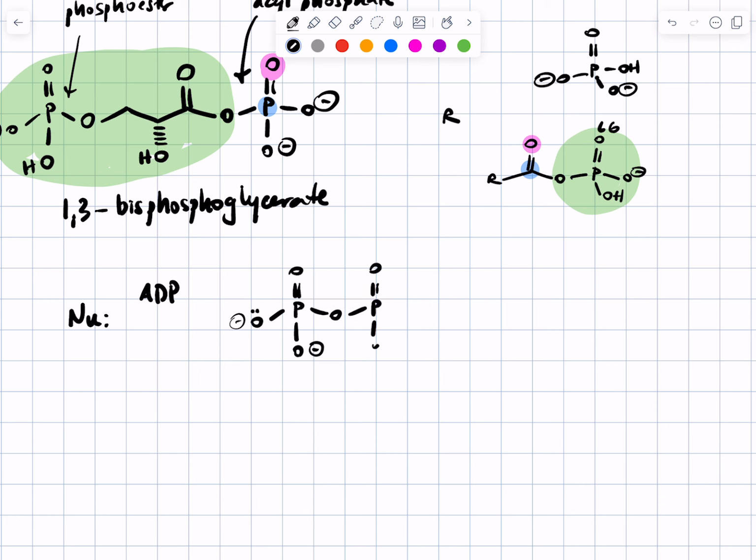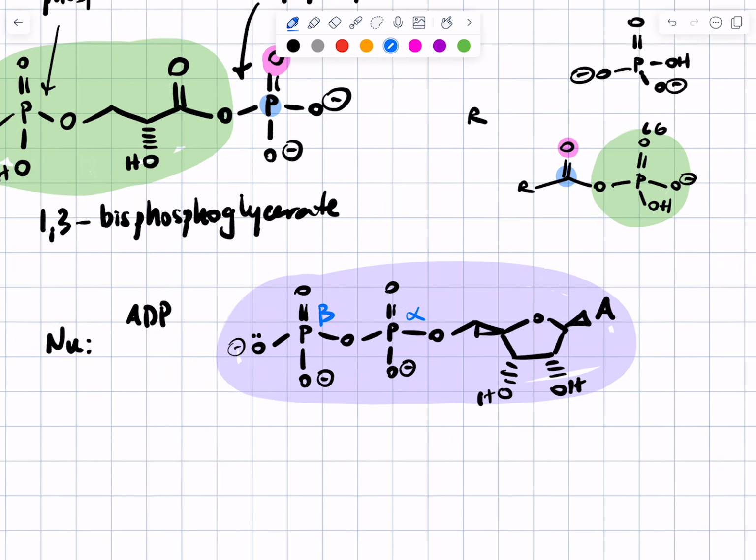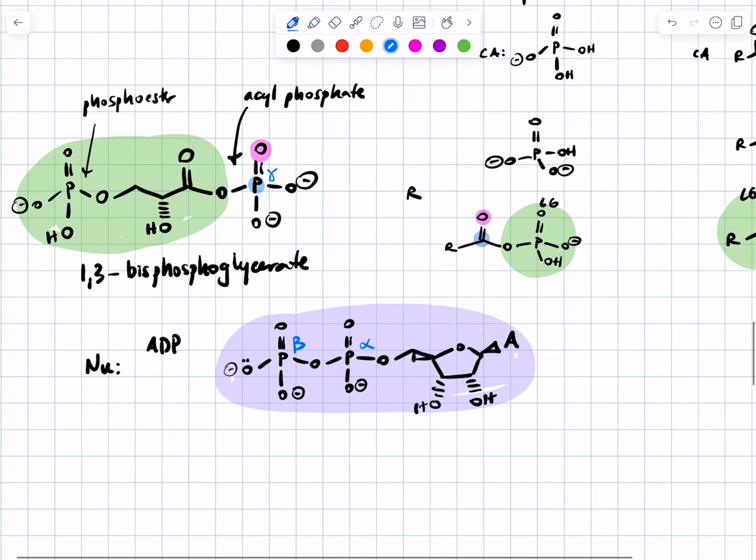And understand that in most reactions involving ADP, magnesium is present as a cofactor to help neutralize the highly negatively charged molecule. All of this is our nucleophile. As we've numbered the atoms, this is the alpha phosphate group of ADP, this is the beta phosphate group, and preview, this one here is going to become the gamma phosphate group.